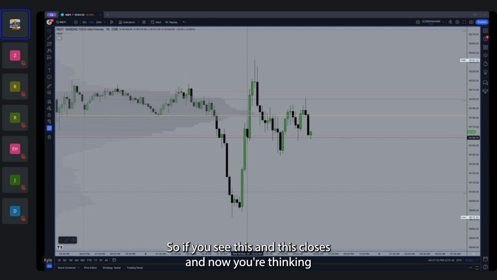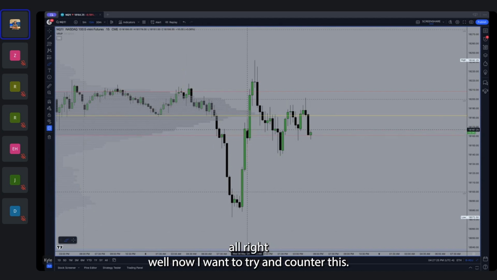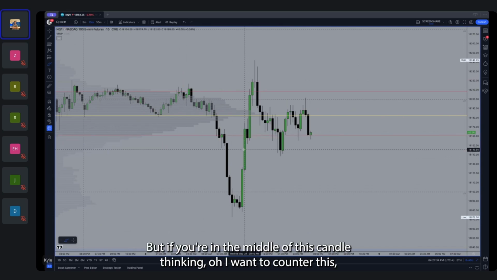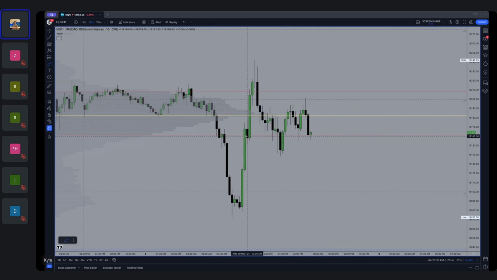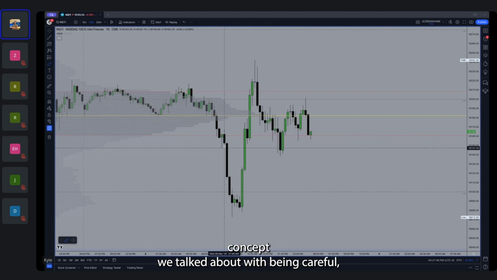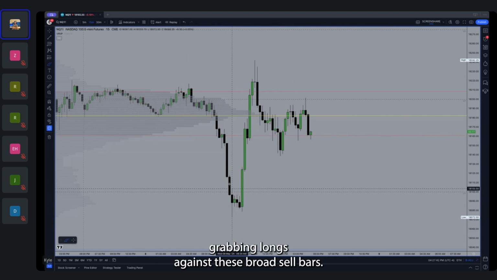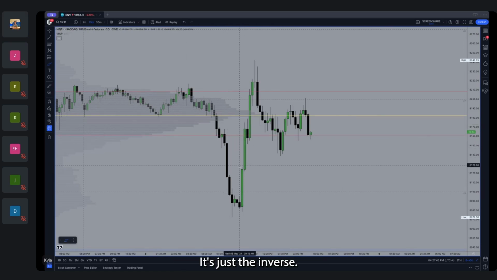So if you see this and this closes and now you're thinking, all right, I want to try and counter this, that's understandable and reasonable. But if you're in the middle of this candle thinking, oh, I want to counter this, it's the exact same concept we talked about with being careful grabbing longs against these broad sell bars. It's just inverse.